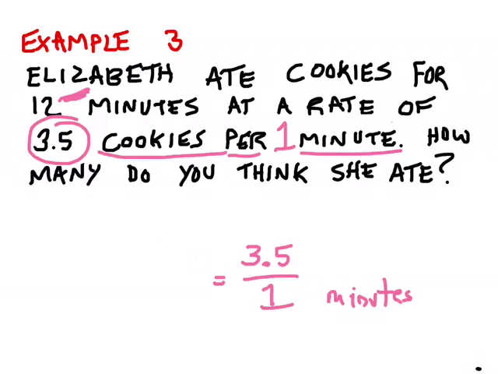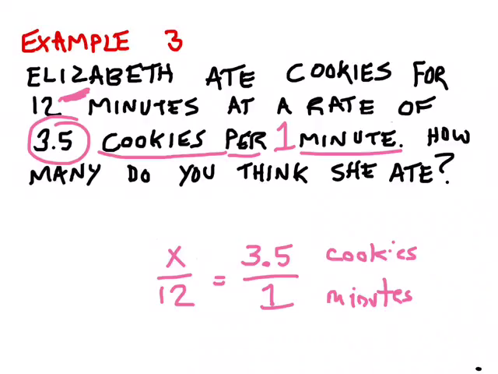So when I set up the other side of the equation, I'll match that. I'll have minutes on the bottom, so 12 will be on the bottom. And then what's missing is how many cookies she ate in 12 minutes. So that's our variable. So cookies was on the top, and that's where our variable belongs. So pretty quick to set these up, as long as you match the types of units to each other.